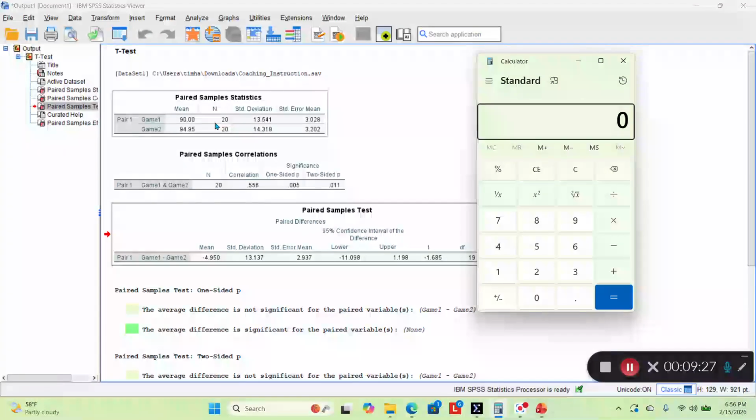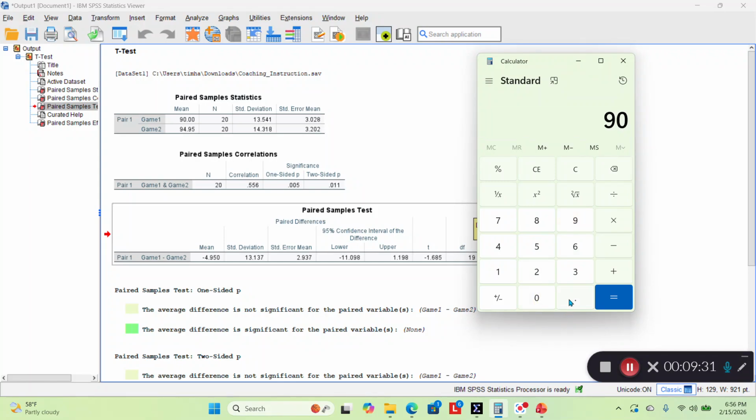So we can go back up to the top. Well, I'm sorry. It needs to be post minus pre, so it should be 94.95 minus 90.